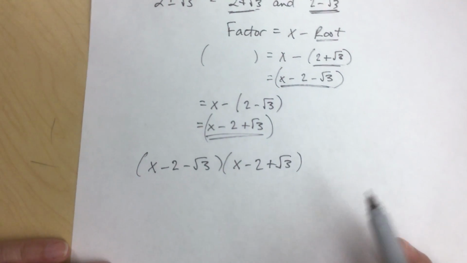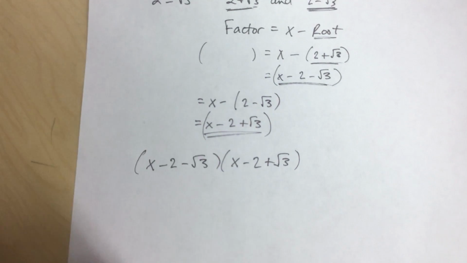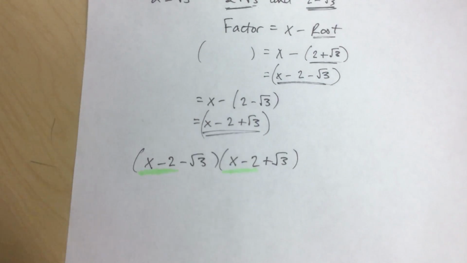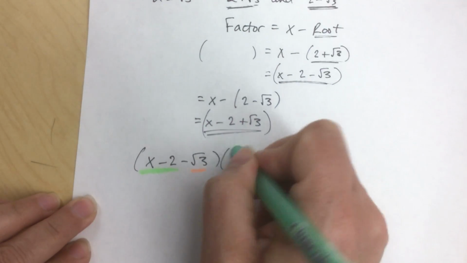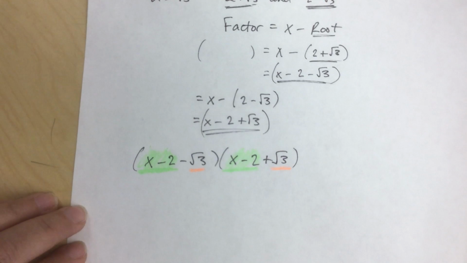Okay? Now, when we go to do this, let me grab a colored pencil. You need to think of them as A's and B's. So that's going to be my A, and the radical 3 is going to be my B. Let me shade that in even more. The x minus 2 is your first thing.